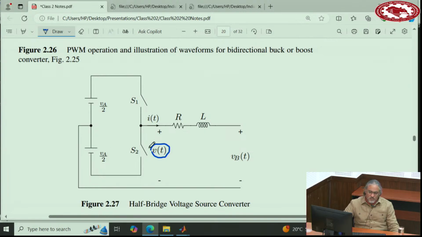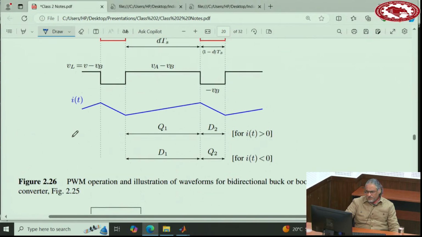So the voltage here is negative VA over half. So by properly switching S1 and S2, you can generate VA over half and negative VA over half at these terminals. So if this voltage can be positive and negative, this voltage can also be positive and negative. So this is very good to generate AC waveforms, current or voltage.